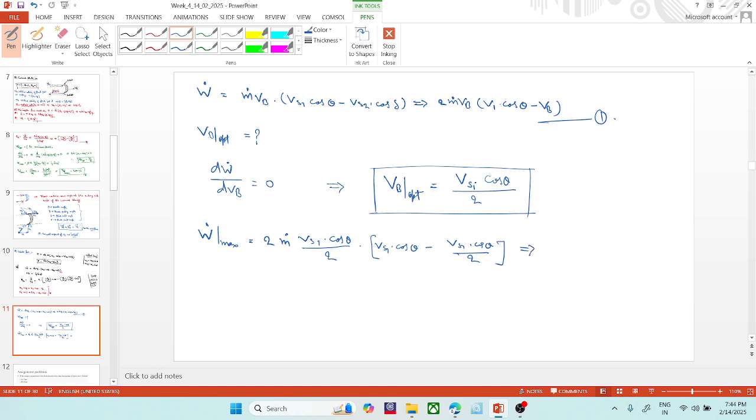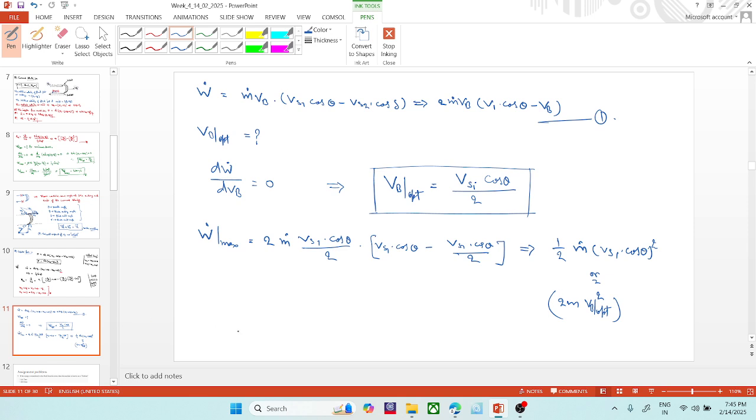So the final expression would be half m dot times Vs1 cos theta whole square, or it would be 2m dot VB optimum squared.